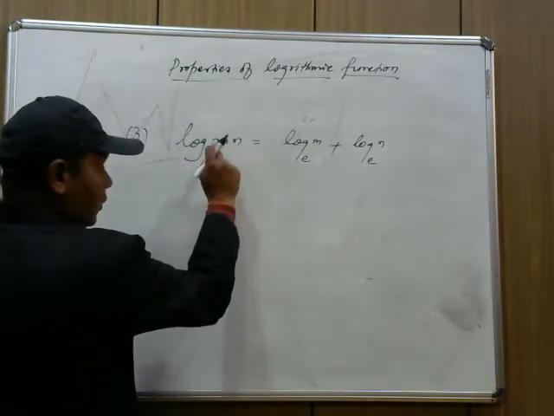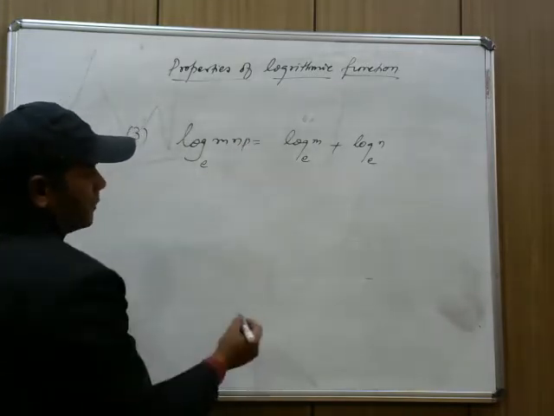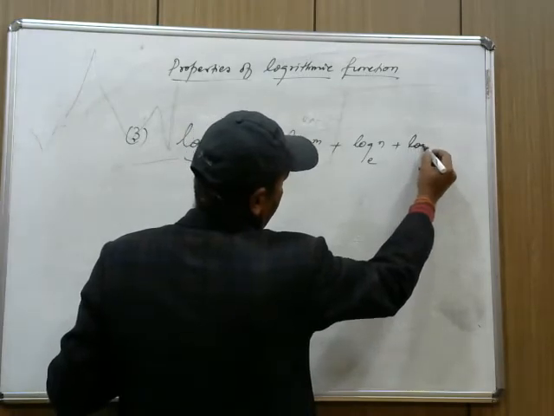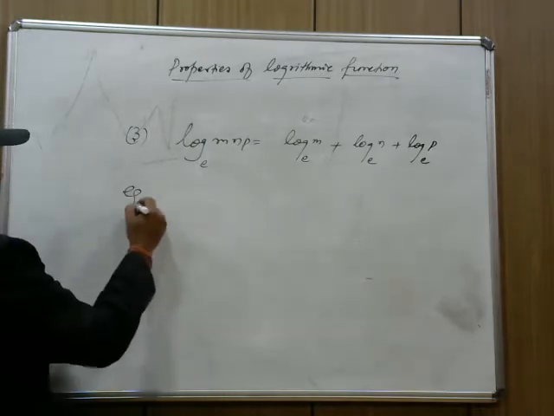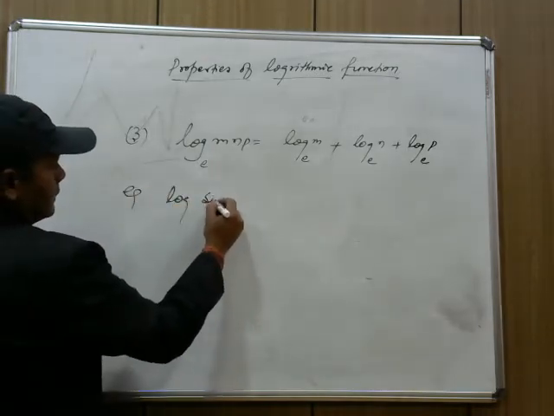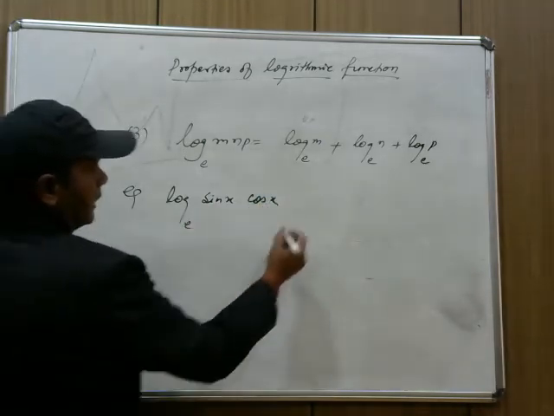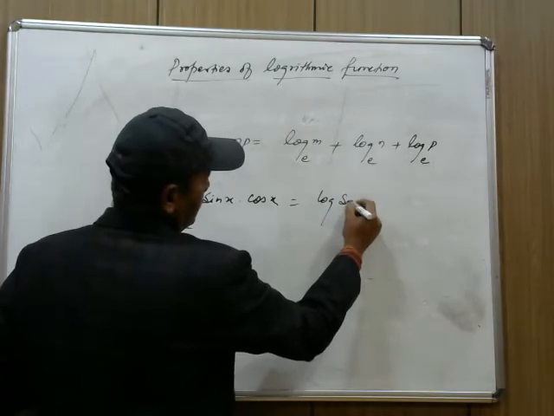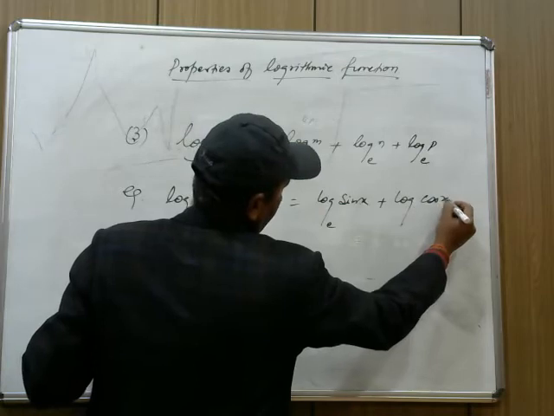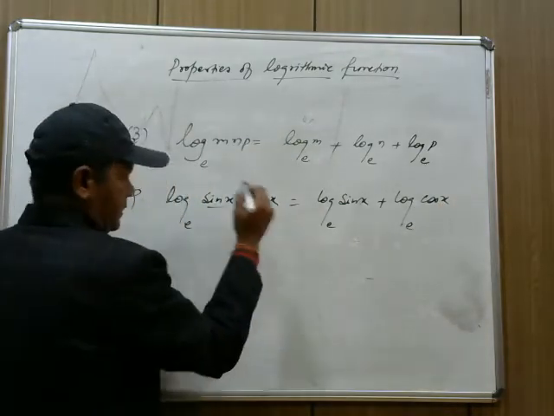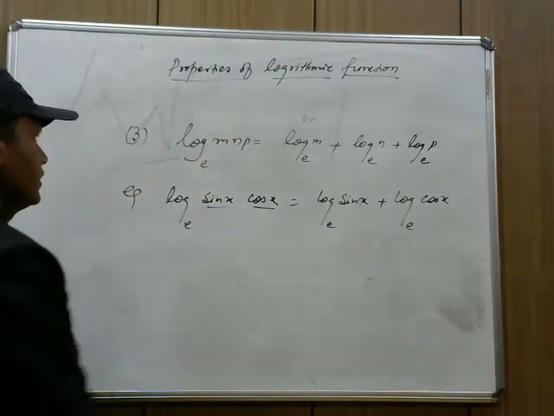And if there are not only two functions, suppose there are three functions m, n and p, then that is equal to log of m plus log of n plus log of p to the base e. For example, log of sin x into cos x to the base e, I can write log of sin x to the base e plus log of cos x to the base e. That is, if there is a product, we can write it as a sum. Clear? This is the third property.